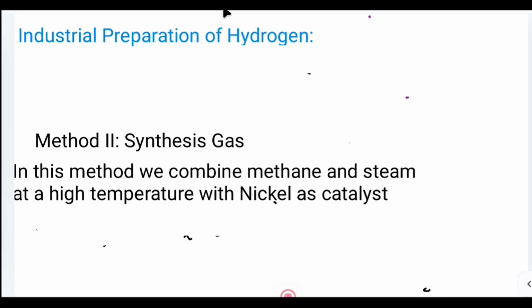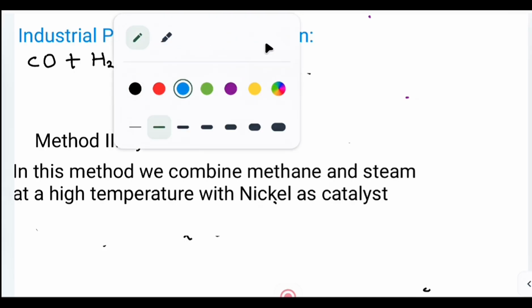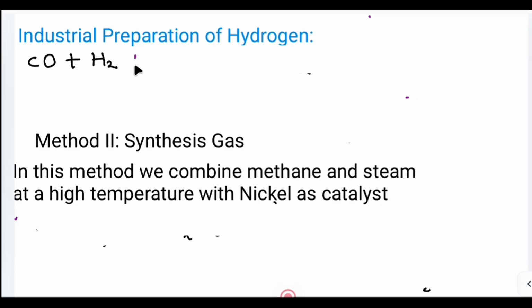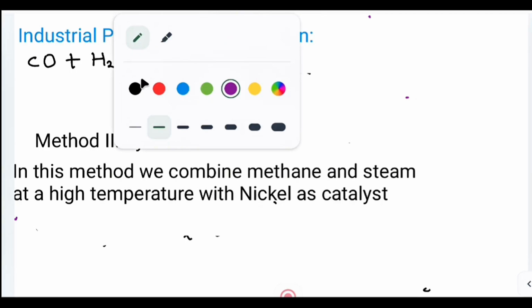Okay, I will take my water gas, CO plus H2, and then let me change the color of my marker. So now I will add water. I'm using this purple color to show you that I'm just adding water.